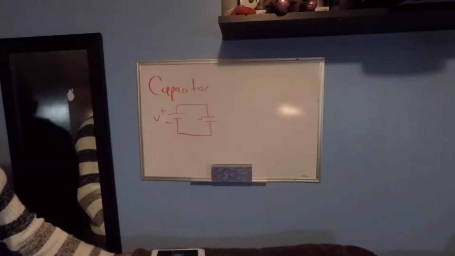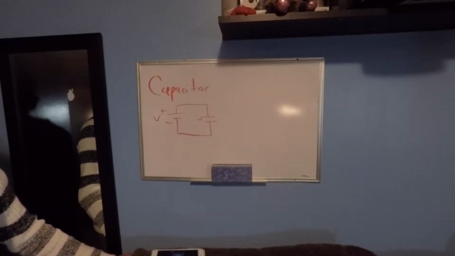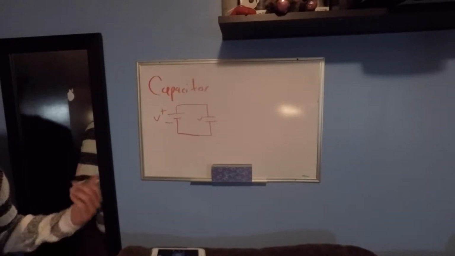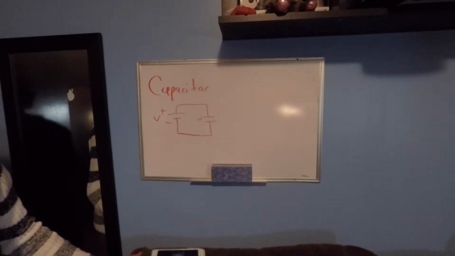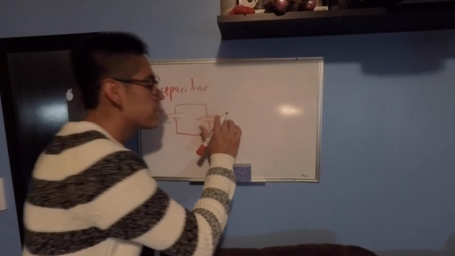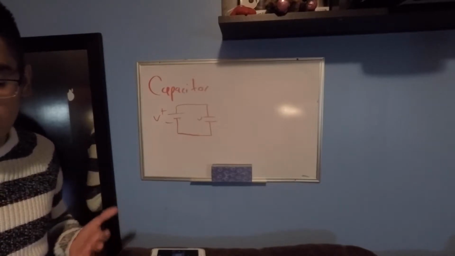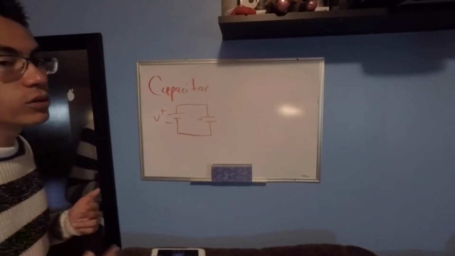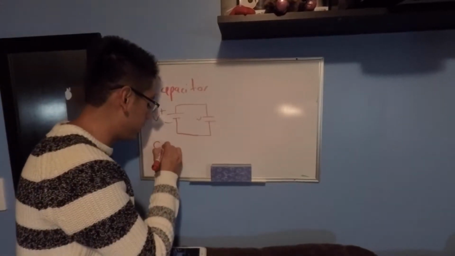So what would be the next thing? The next thing is what a capacitor stores, its storage potential. What is a capacitor storing? It is called capacitance: how much it can hold.